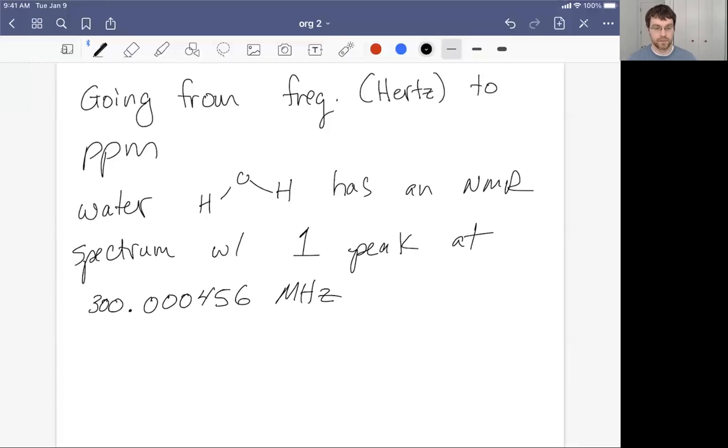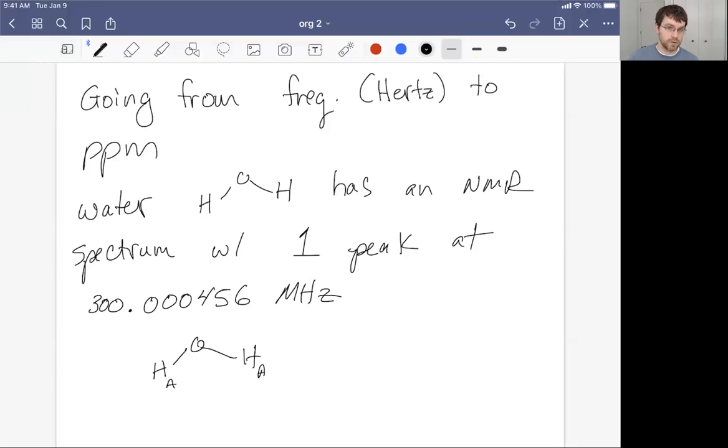Okay. Water has this as its megahertz value for its resonant absorption to flip from the alpha state to the beta state in the 1H NMR. Now, I'll just mention this briefly. Water has only one peak, because if we label this as A, this is also A. Both of the hydrogens are in identical chemical environments within water.